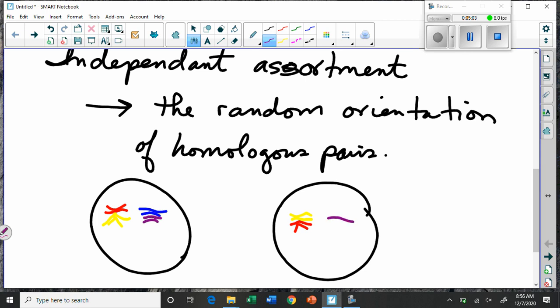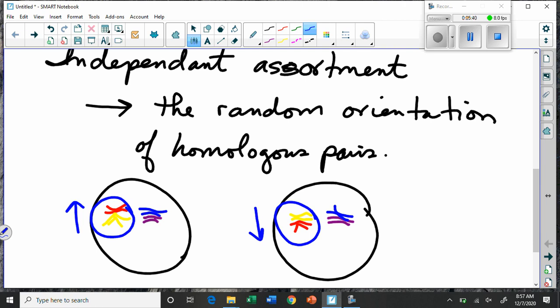And then we can put the purple one here and the blue one on top, right? And then I could also have the purple one and the blue one flipped in another combination. So there's lots of different ways that you could do it with only 2 chromosomes. If you do it with 46 chromosomes, you can literally get 8 million different combinations. So that's what we mean. This particular guy right here, the red is down, here the red is up. And each of the chromosome homologous pairs would line up like this, independently of the others. So that's called independent assortment.